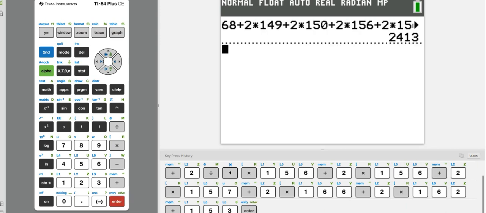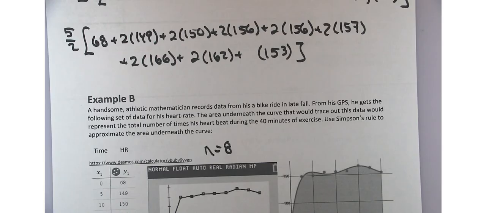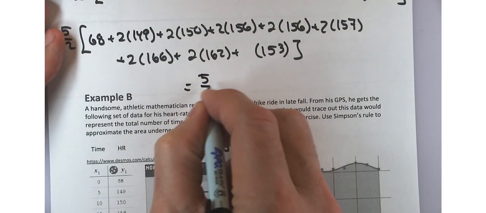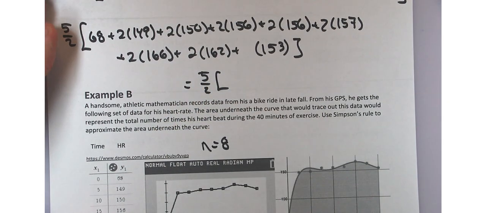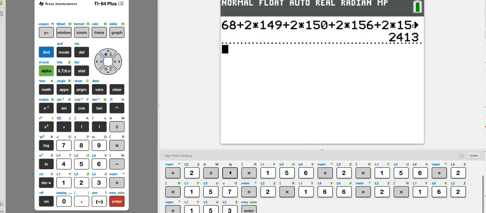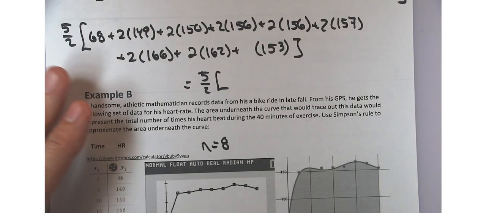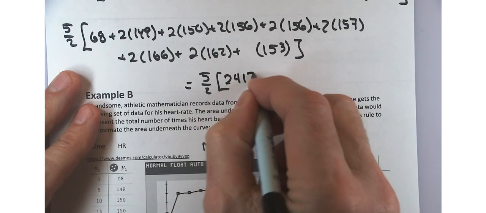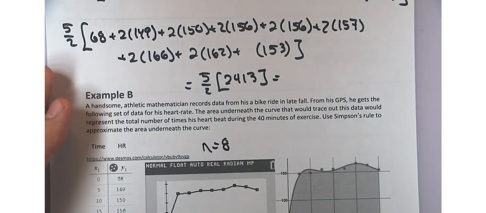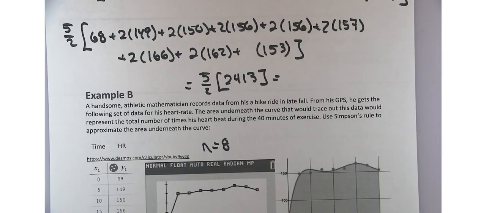So if I did put it on an exam, what I'd probably appreciate is something like this, that's equal to 5/2 times, what was the number that I had there? 2,413. So multiply that number by 2.5. 6,032.5.